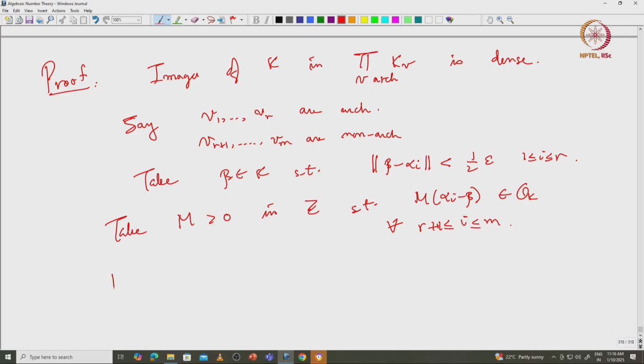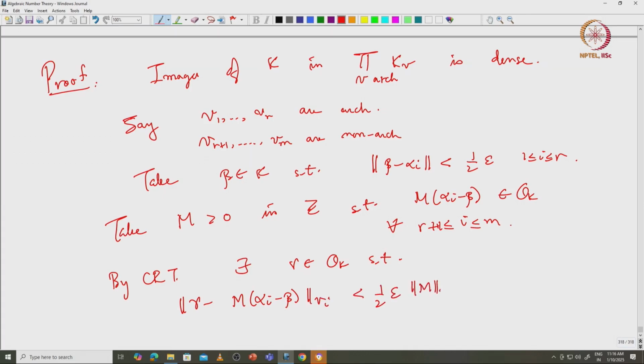Okay. So, by Chinese remainder theorem, there exists gamma in OK such that valuation of gamma minus m times alpha I minus beta at Vi is less than half epsilon the Vi adic valuation of m. Okay. So, R plus 1 less than or equal to I less than or equal to m, right.